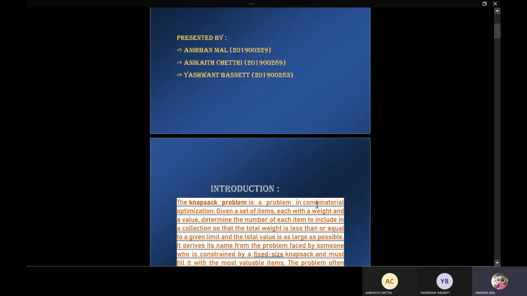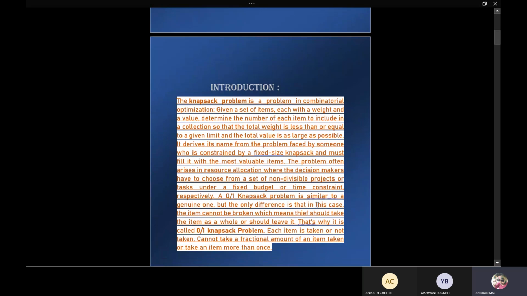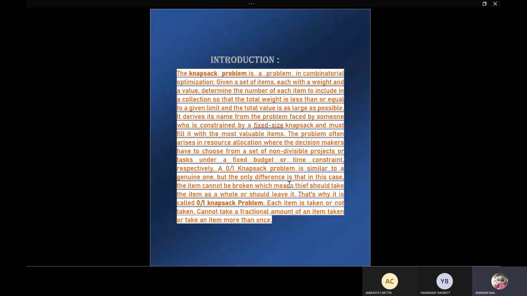What is the knapsack problem? The knapsack problem is a kind of problem, or we can say an algorithm in DAA, where we are provided with a set of values and a set of weights, and each weight has a particular value assigned to it. We have been given a limit for the weight, and we need to sum the weights, and the corresponding values get added as well.